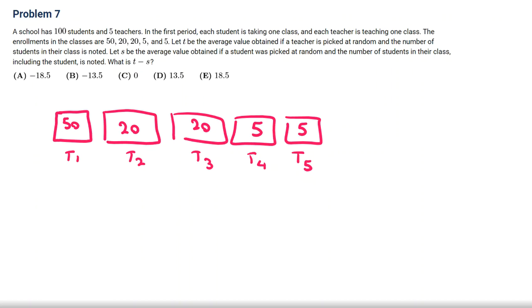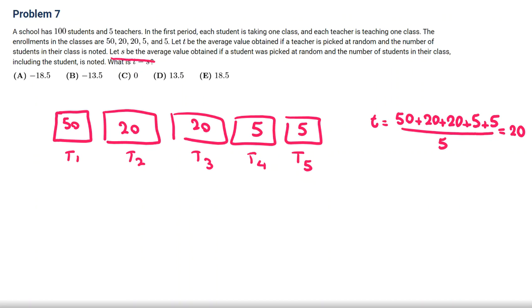Teacher 2, 20, teacher 3, 20, teacher 4, 5, teacher 5, 5 again. To calculate T, it will be 50 plus 20 plus 20 plus 5 plus 5 all over 5. If you add all these numbers, it will be 100 over 5, which is 20.